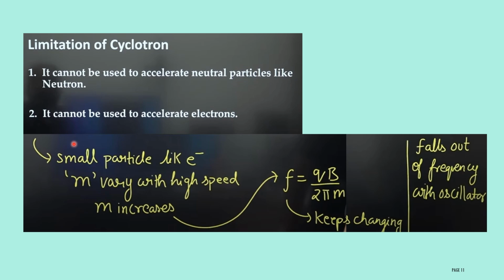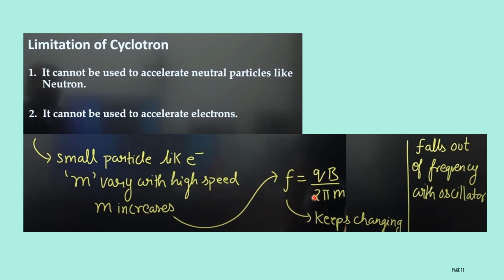Let us see why. Because for small particles like electrons, mass varies with high speed and mass increases. If the velocity of the electron increases, then the mass of the electron will vary. Then when mass varies, it will affect the frequency of the electron. Frequency is equal to QB divided by 2 pi m. If mass increases, frequency also continuously changes.